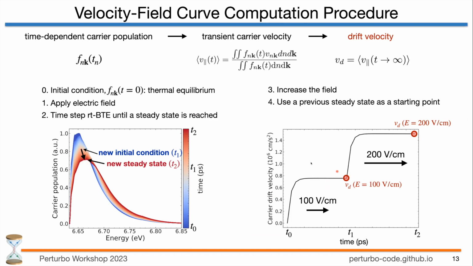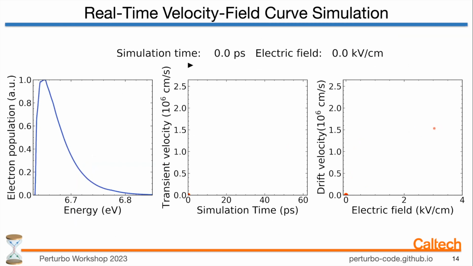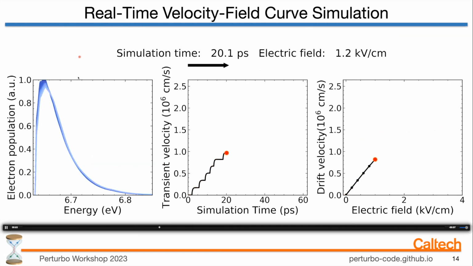For the carrier drift velocity behavior, you can see a new stair in this plot, and then we reach again a new drift velocity corresponding to this field. Then we repeat this procedure until we reach the largest field that we wanted in our velocity-field curve. This animation shows you the entire procedure. On the left-hand side, you can see the time-dependent occupation.